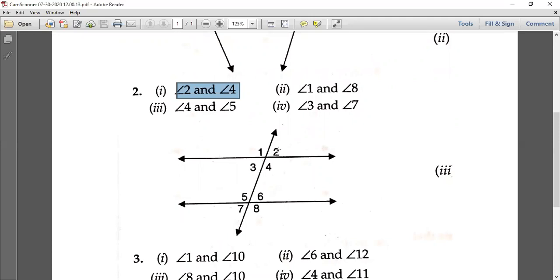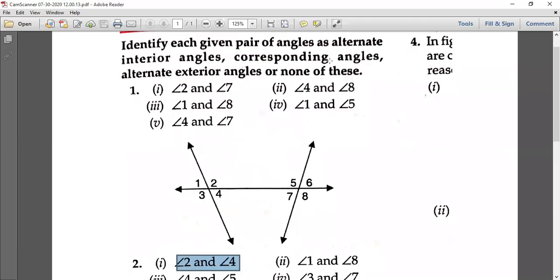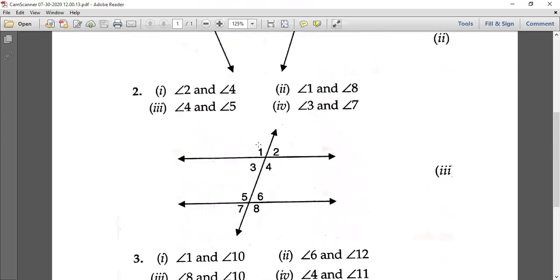So they are neither alternate interior angles, nor alternate exterior angles, nor corresponding angles. They are not among the choices given in the question. Hence, we will identify 2 and 4 as none of these.